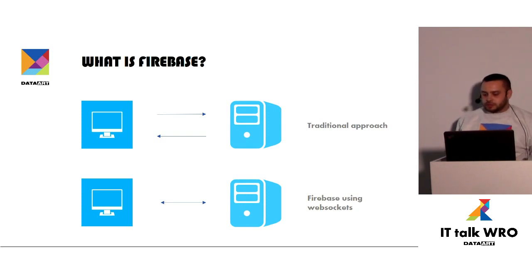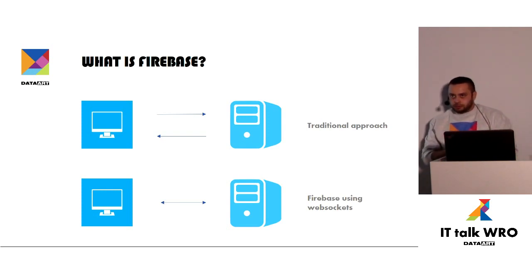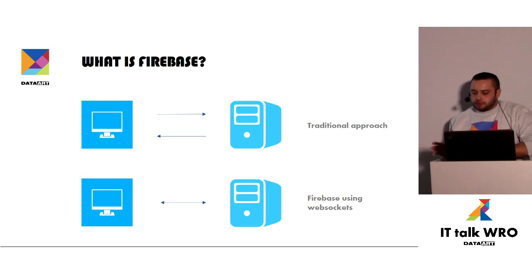In Firebase, it's not an issue, because when you instantiate a Firebase object and attach a particular URL, Firebase is listening to this data. If anything changes, Firebase automatically synchronizes not only your client and the server.